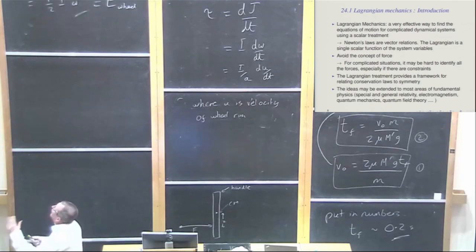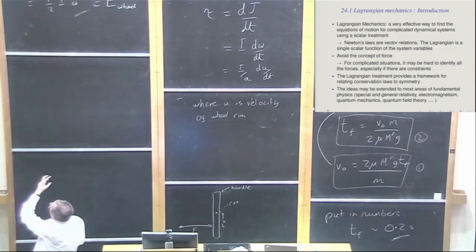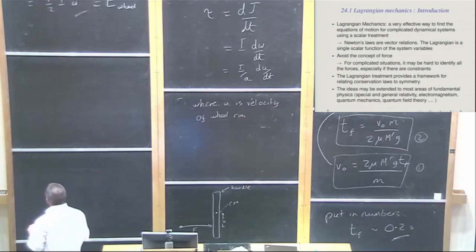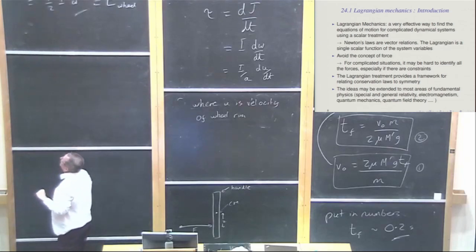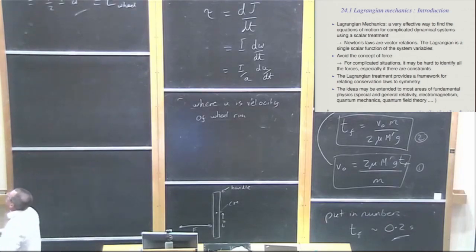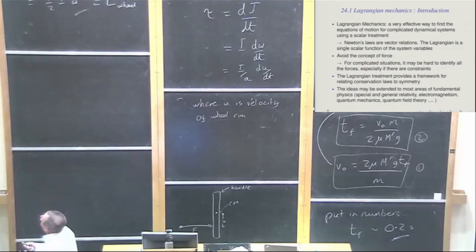So you've already seen this when you talked about potentials and gravitational fields or E fields. You can relate the two, but it's very nice to deal in terms of the potential because it is a scalar. So we will see that when we do this, we actually completely dodge the concept of force.